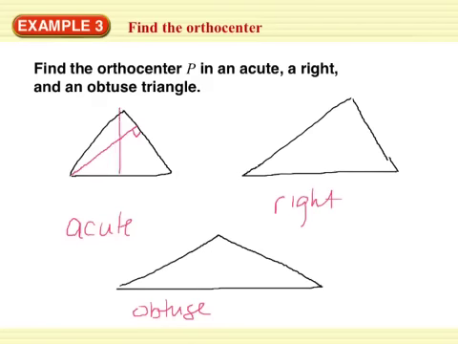Oh no, it didn't work. Let's see if I can fix that one. A line that's perpendicular to that side, and this last one's going to be a little, it's not letting me go back. There we go.